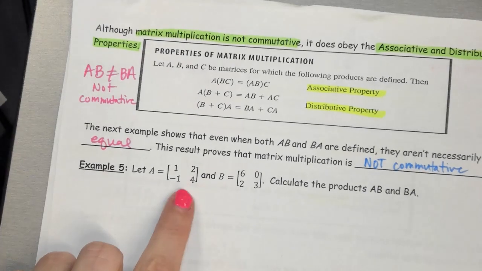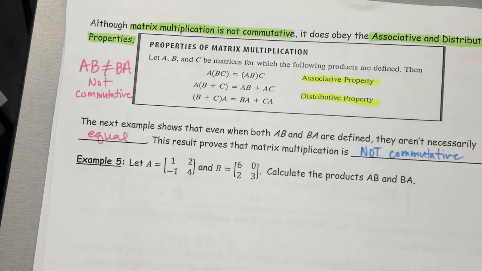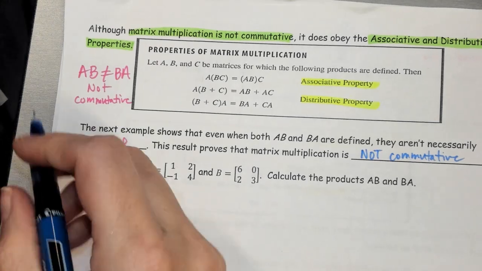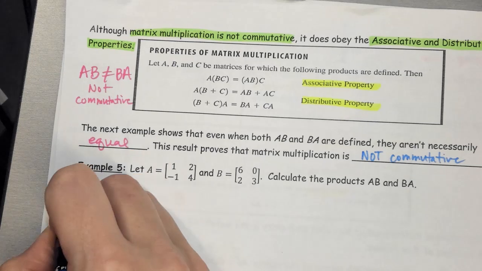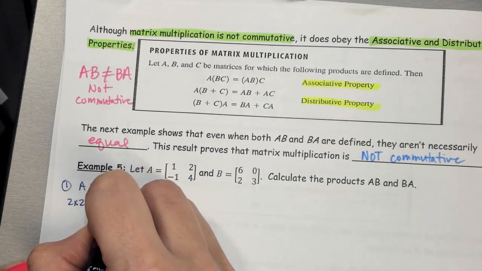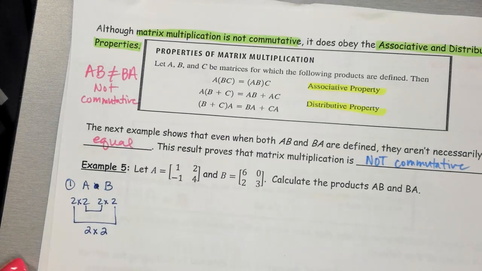Alright, so we're going to let A be a 2 by 2 matrix, B is this 2 by 2 matrix. We're going to calculate the products of both. Okay, so if we do A times B, you have a 2 by 2 times a 2 by 2, so the insides match and the outsides tell you your dimension.